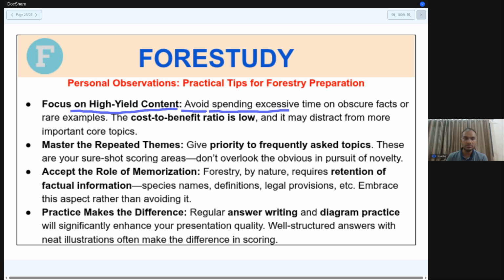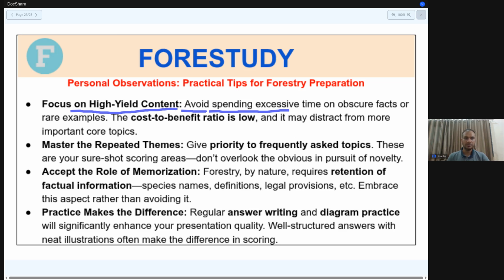You can't remember each and everything in the examination hall. It is not humanly possible. Second, master the repeated themes. The themes which are repeated year after year, you have to master first. You don't just attempt the questions, you attempt them in a graceful manner, with all the diagrams, examples and points properly organized and given in suitable language.